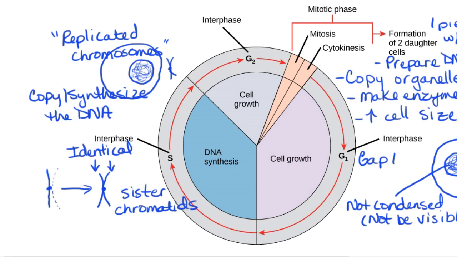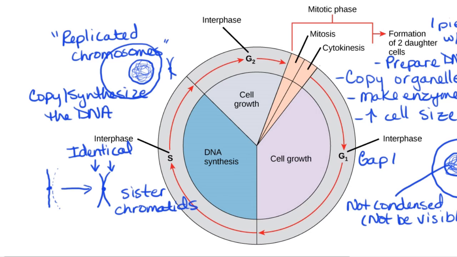The last phase of interphase is G2 or gap 2. In G2, there will be a little bit more growth that takes place, but for the most part, we have prepared the materials that we need to divide. So we've copied the organelles, now we've copied the DNA, and we are going to make some of the proteins that are going to help in the actual division process itself.